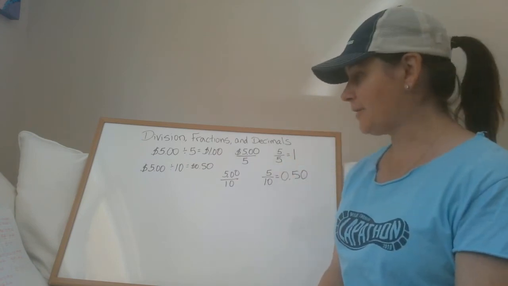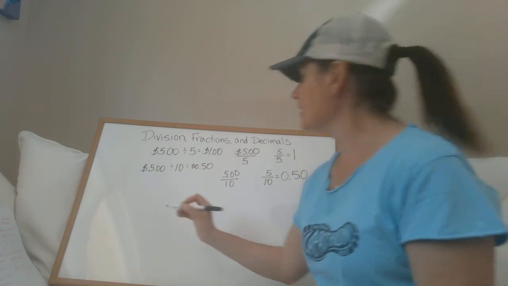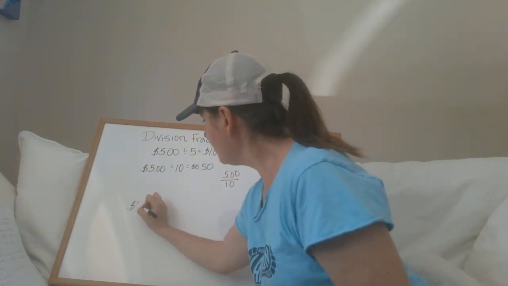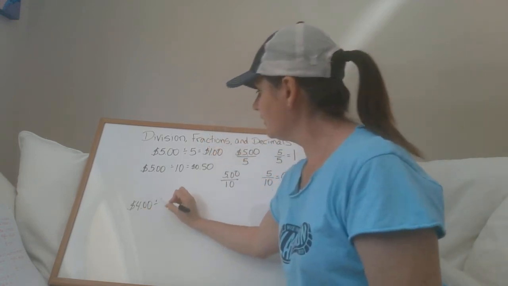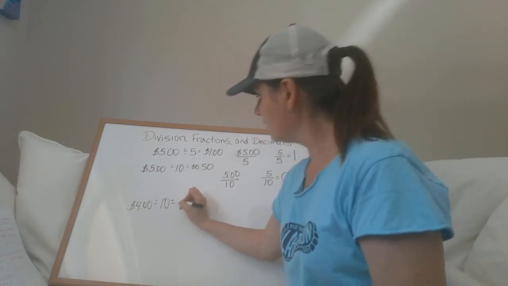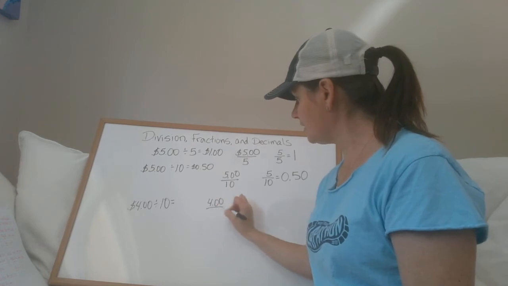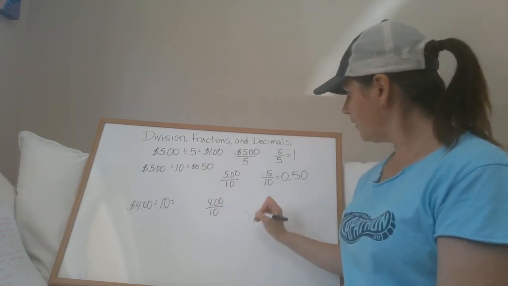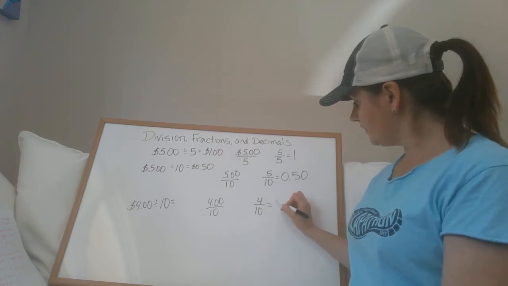Okay, next one. This time we're going to do $4. $4 is our dividend. We're going to keep the divisor the same as 10, which could be written like this as a fraction, or like this, which would then give us our decimal, 4/10.